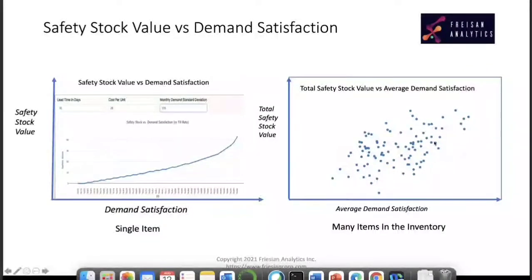They are everywhere. There are many-to-many relationships. Basically, we can have very high value inventory, but their average demand satisfaction level is also low. Right? This is very counterintuitive. We spend more money and we have a lower DS.